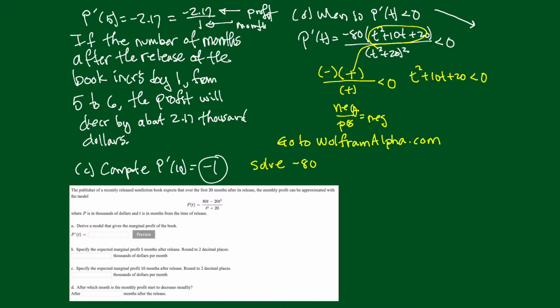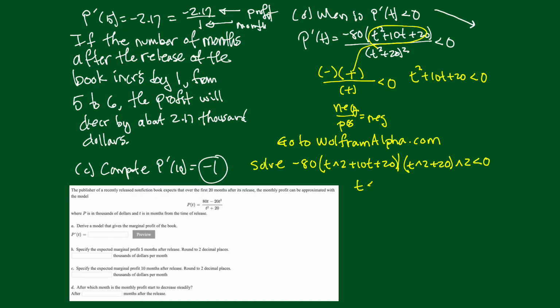Negative 80 parentheses, now I'm capturing the top here, negative 80 times t squared plus 10t plus 20 divided by the denominator, t squared plus 20, that squared, and I wanted that to be less than 0. Let me write it so you can read it here. Squared less than 0.